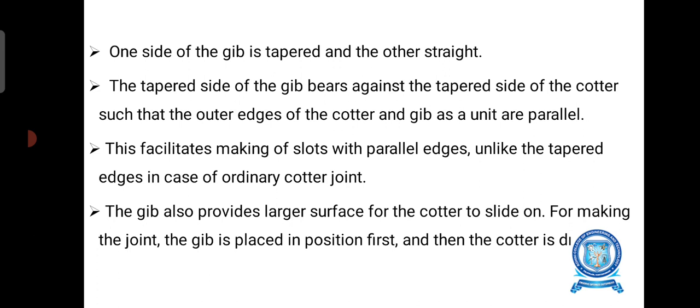This facilitates making of slots with parallel edges, unlike the tapered edges in case of ordinary cotter joint. The gib also provides a large surface for the cotter to slide on. For making the joint, the gib is placed in position first and then the cotter is driven in.